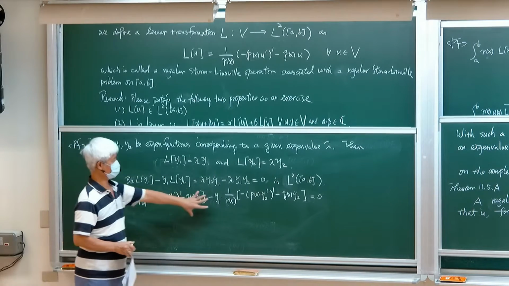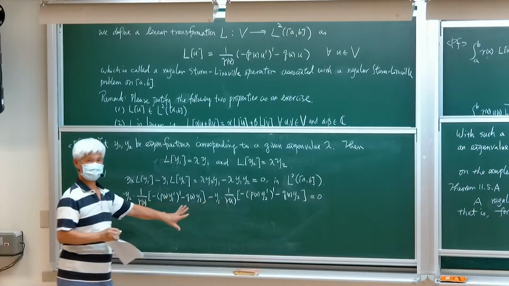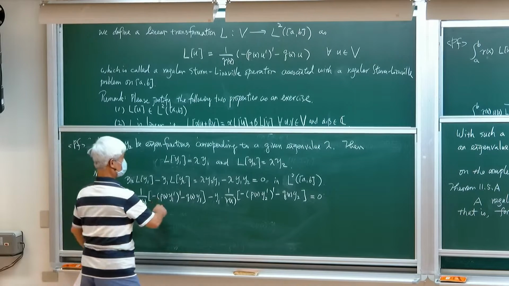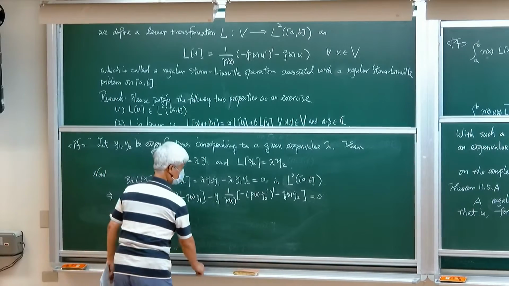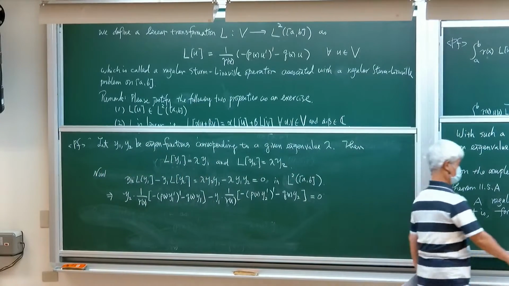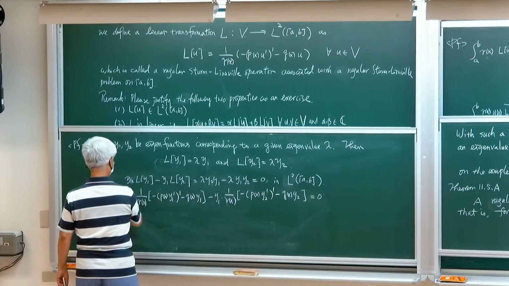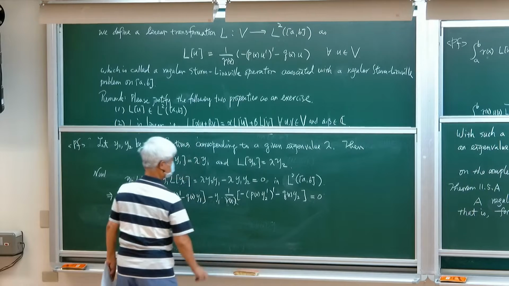Now, because R of x is positive, we can multiply R of x on both sides, first to eliminate the denominator here.